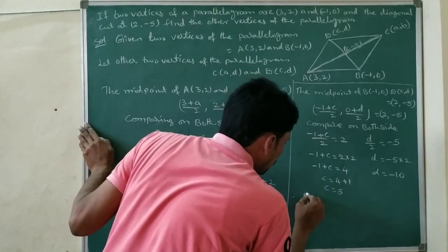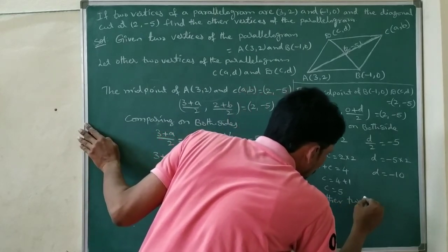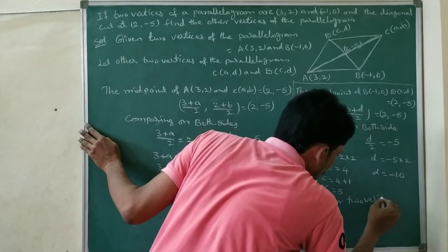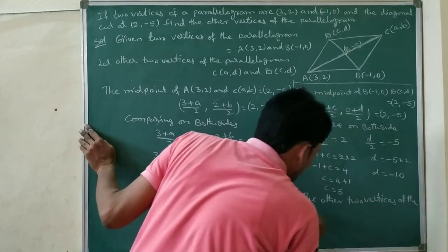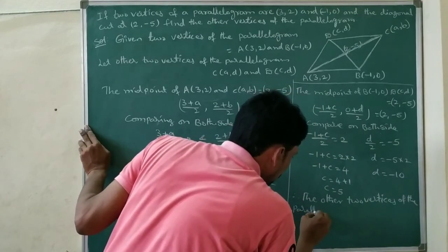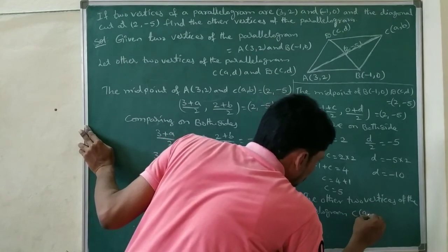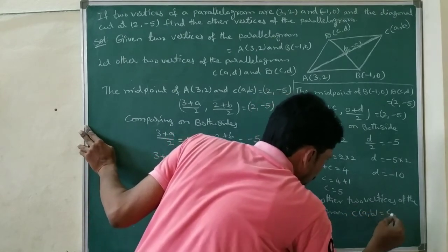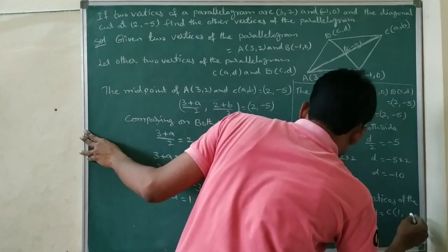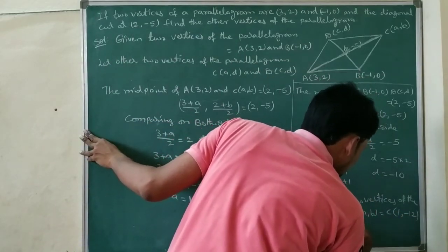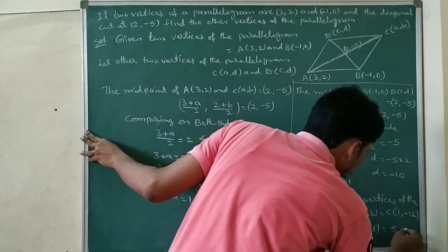Therefore the other two vertices of the parallelogram are C of (a, b) equals (1, minus 12) and D of (c, d) equals (5, minus 10).